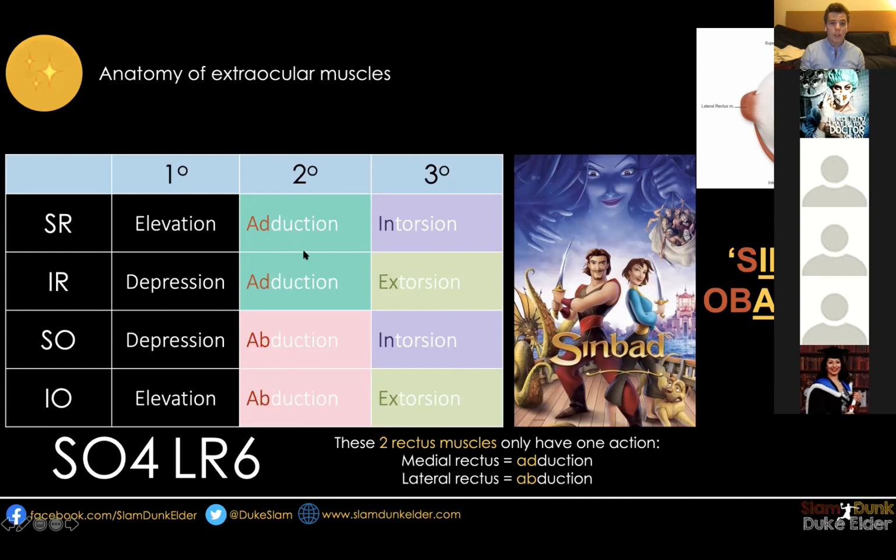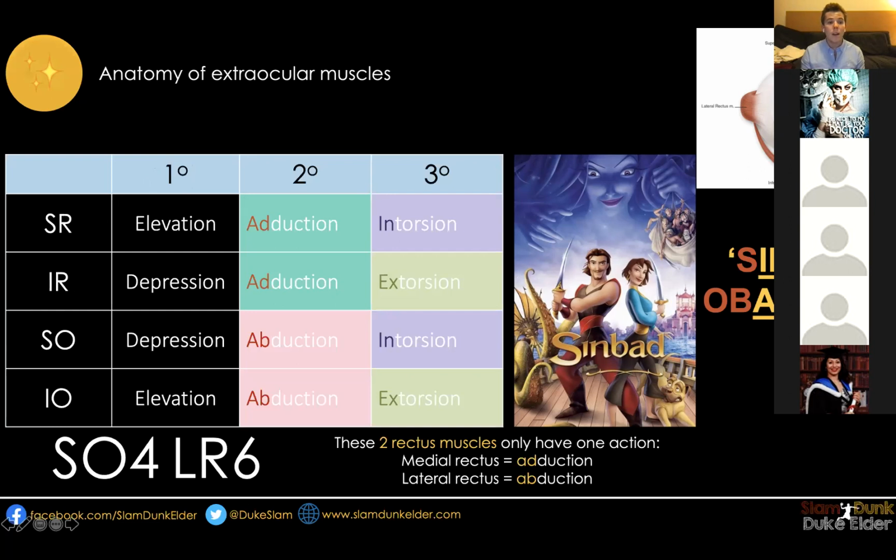So once you've got your secondary and tertiary movements worked out, you can by first principles work out the primary movements. These I do know without a mnemonic. The rectus muscles, with respect to primary movements, obey the rules of what they say they do. So a superior rectus muscle will always elevate, and an inferior rectus muscle will always depress.